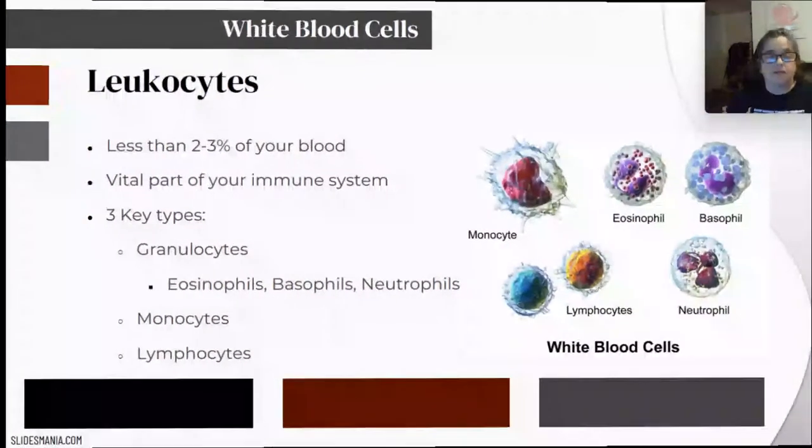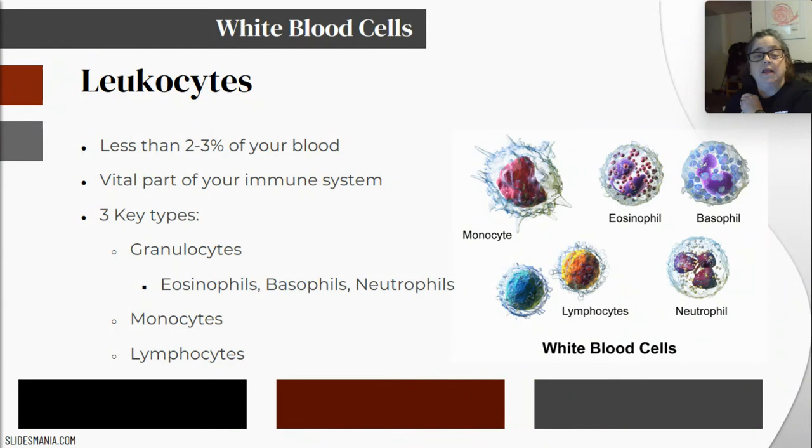Our second type of blood cell we're going to look at are white blood cells, also known as leukocytes. This tends to be about 2% of your blood, 1 to 2% of your blood, maybe 3. These are a really vital part of our immune system. This is a major part of our body's immune response.